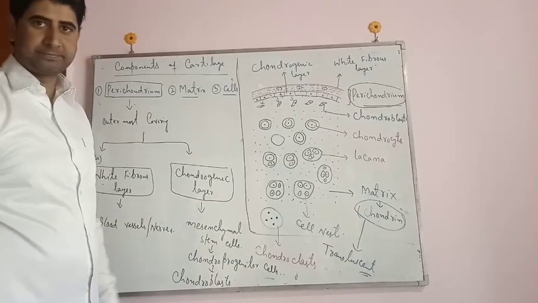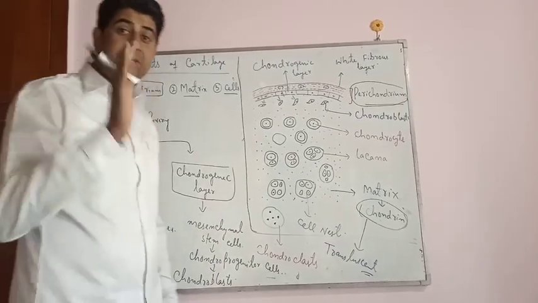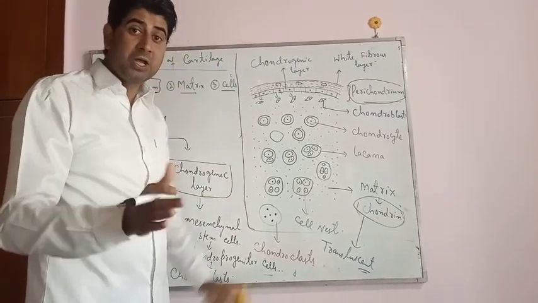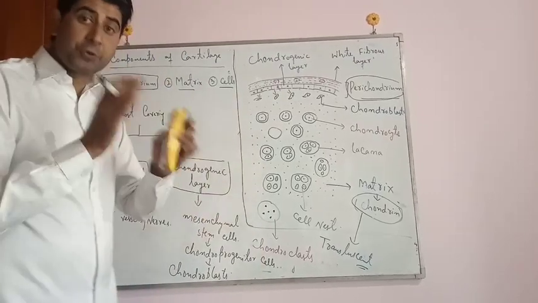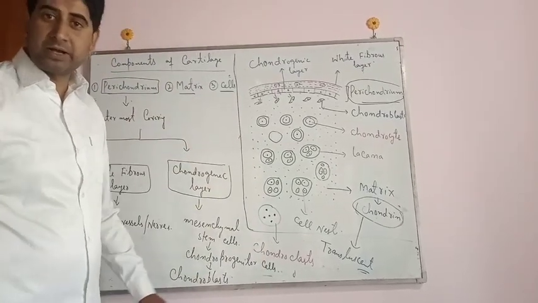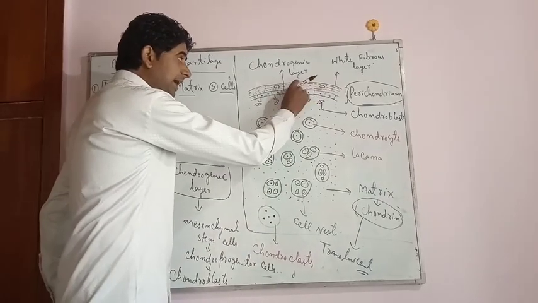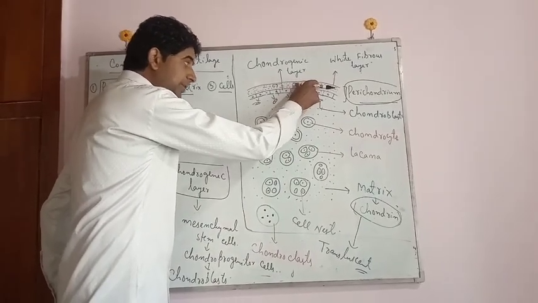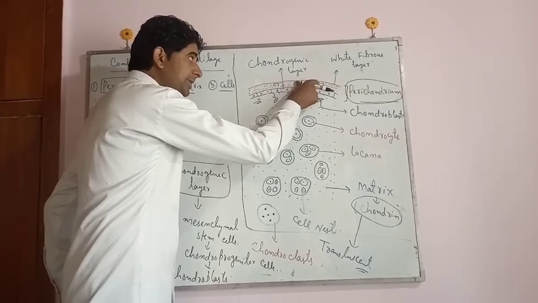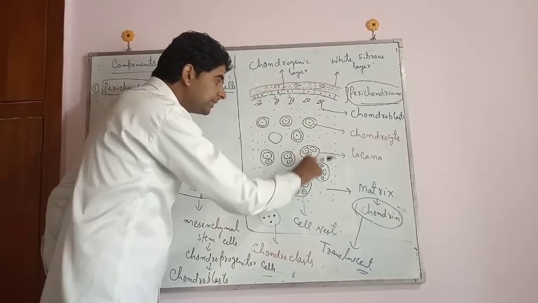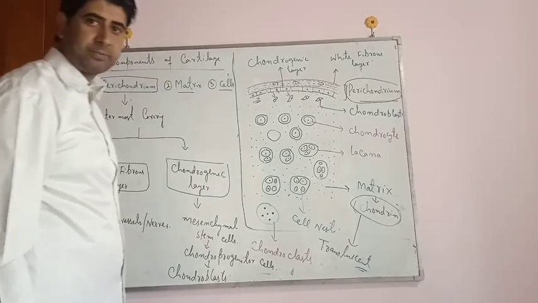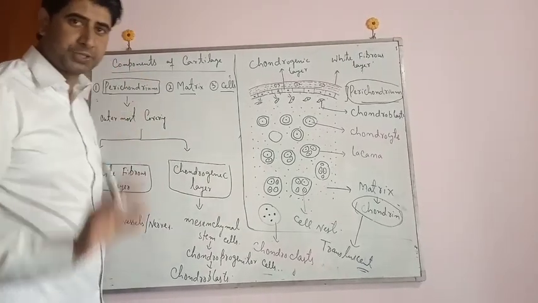supply. The nerve supply gives sensation, while the blood supply provides nutrients as well as gases, like oxygen. And these nutrients and gases diffuse from this white fibrous layer downwards or inwards by a process called diffusion.